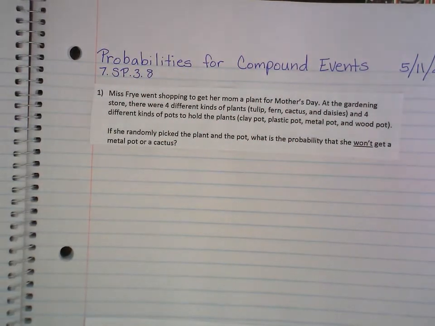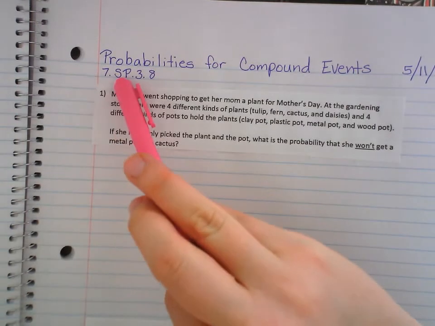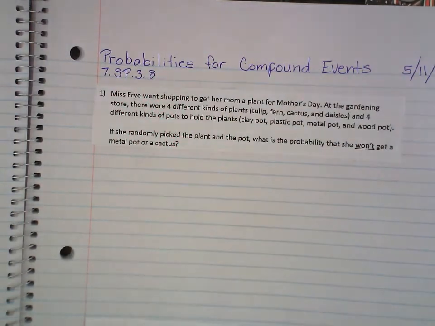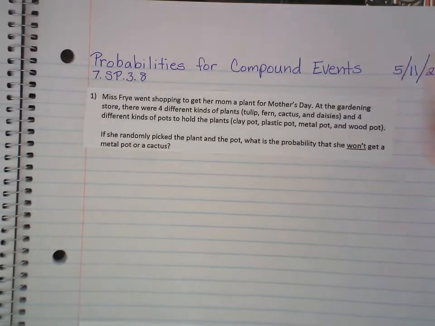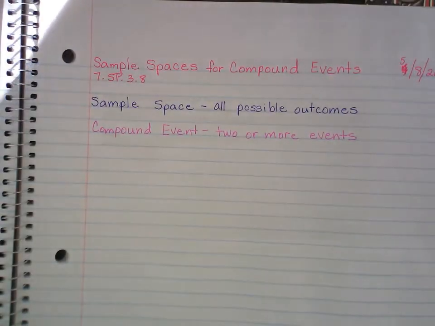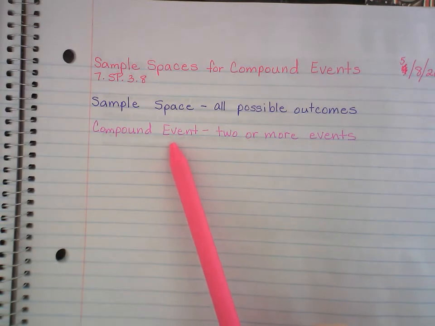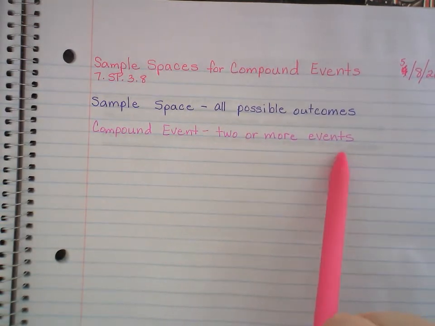We are on page 61, and the standard is 7 SP 3.8. Okay? So we have 5 different problems we're going to solve today. Compound events. We started compound events last week. So just a reminder, a compound event is 2 or more events.